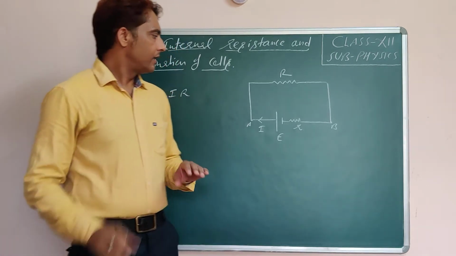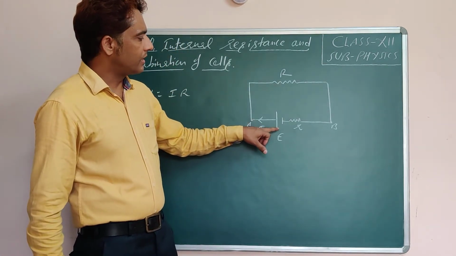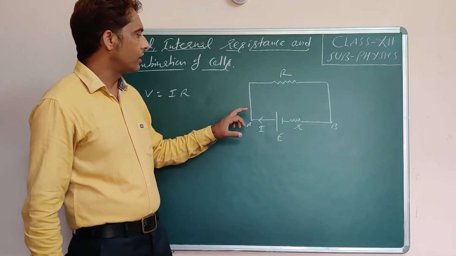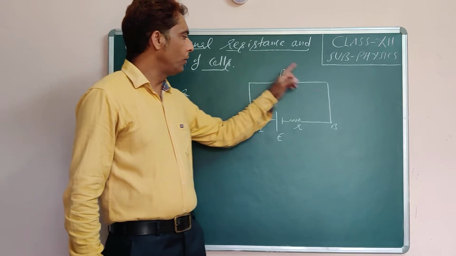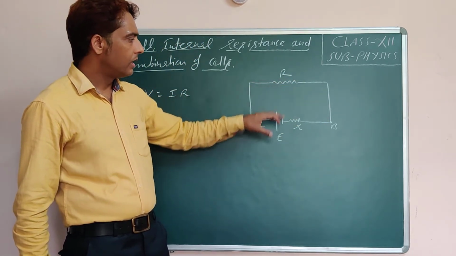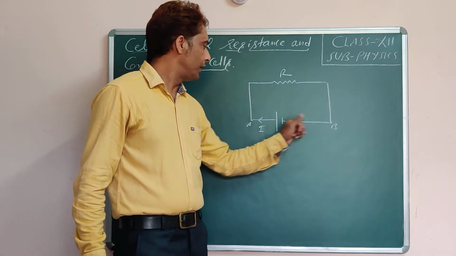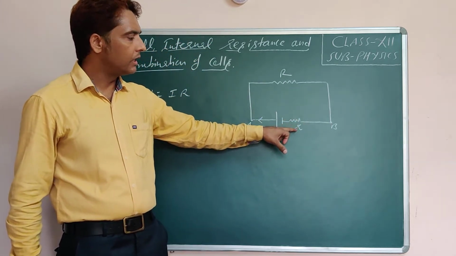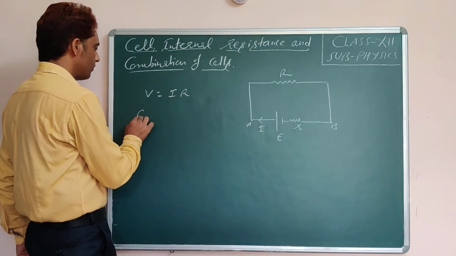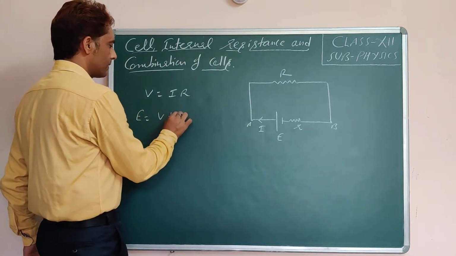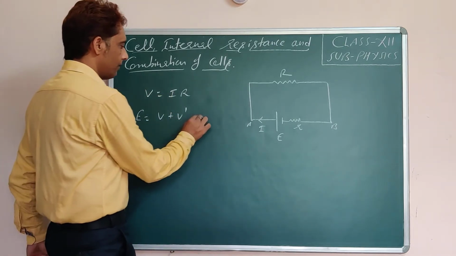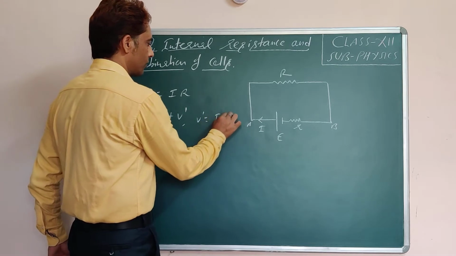Or we can say that the EMF of this cell is equal to the work done in moving a positive charge from A to B against this external resistor of resistance R, and in moving from B to A against this internal resistance r. So we can write E is equal to V plus V dash, where V is equal to IR and V dash is equal to I into r.